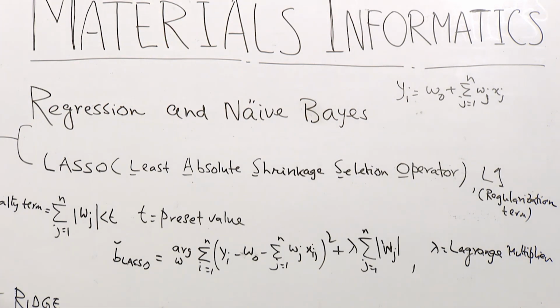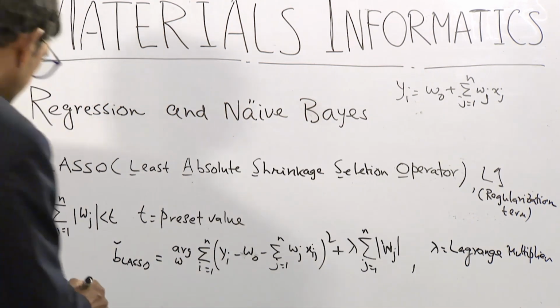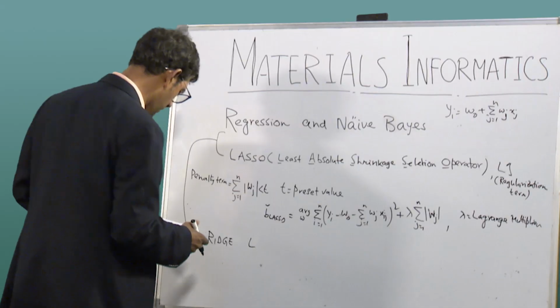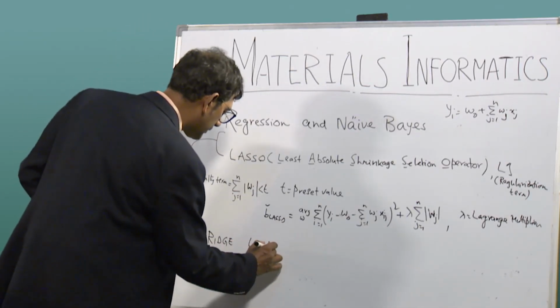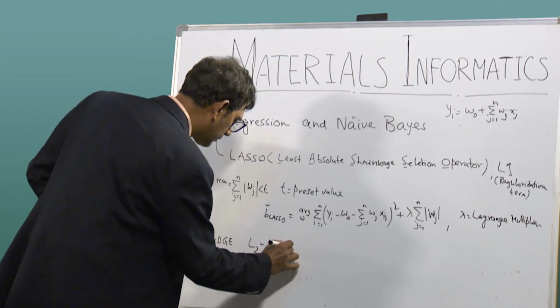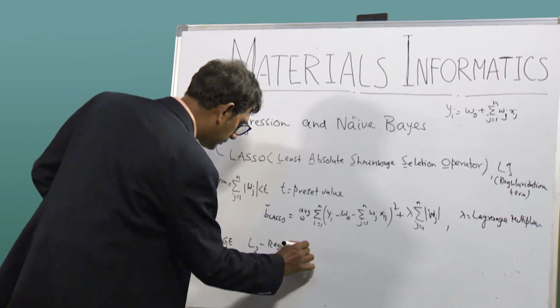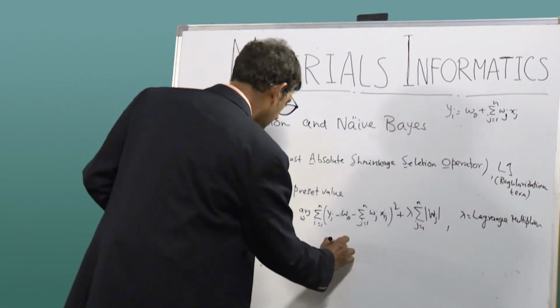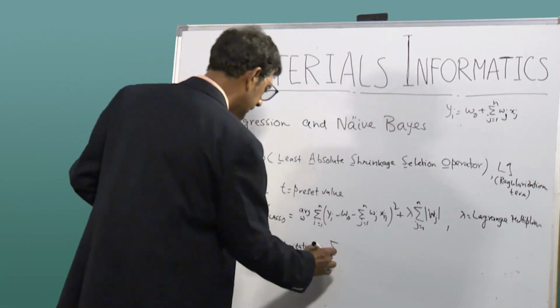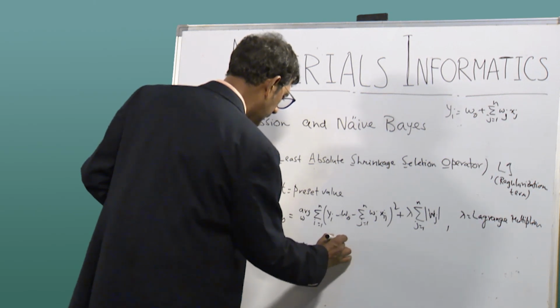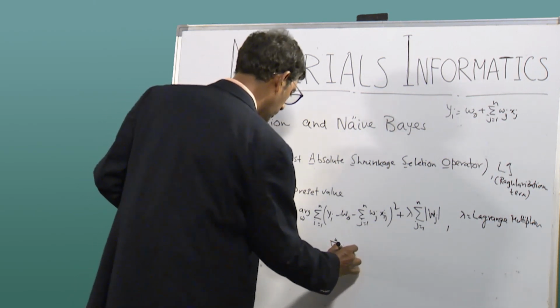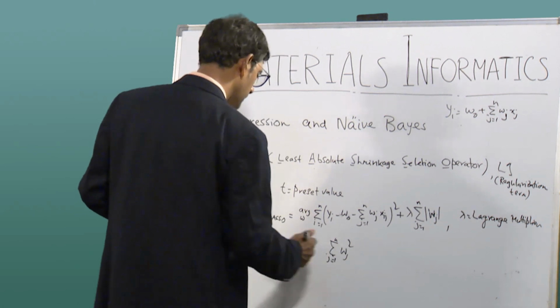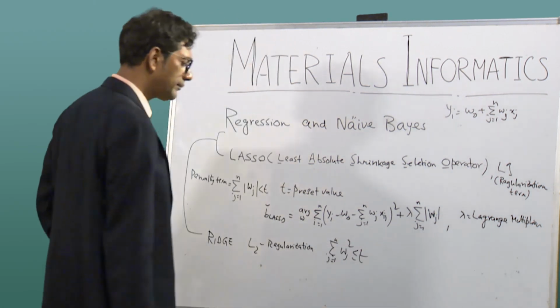Ridge regression uses a penalty function which is basically like this. Ridge uses a penalty function that we call L2 regularization, and the penalty term which is used is like this, sum over j from 1 to n of wj square is less than or equal to t.